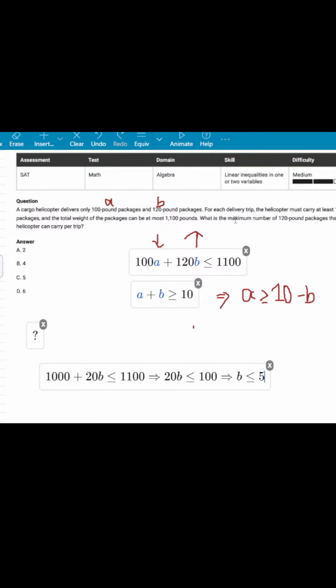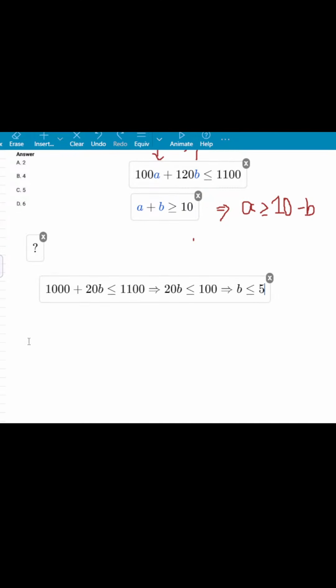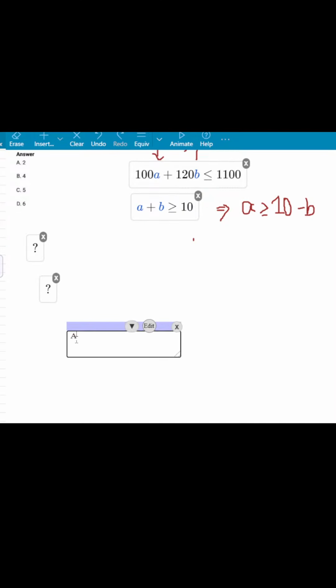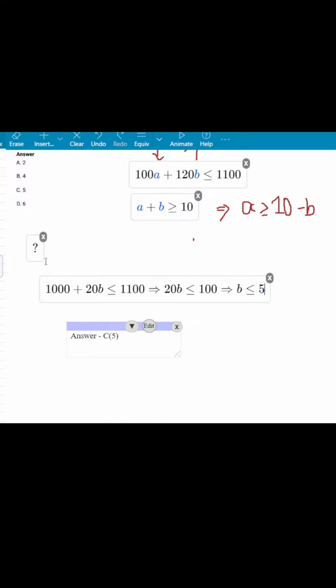That means the maximum number of 120-pound packages, which is b, that the helicopter can carry per trip is 5. So that is our answer. The option is C, which is 5. And this is how we got it.